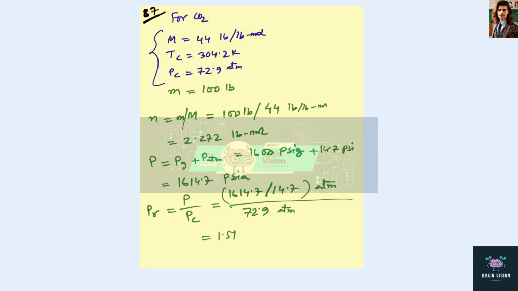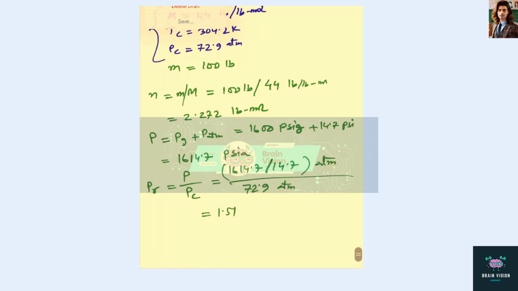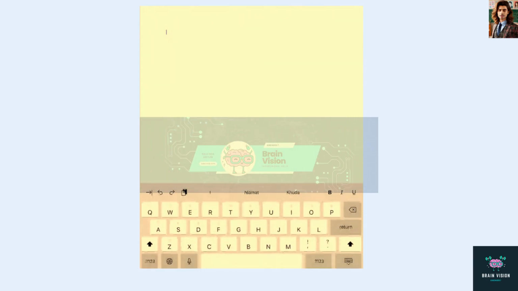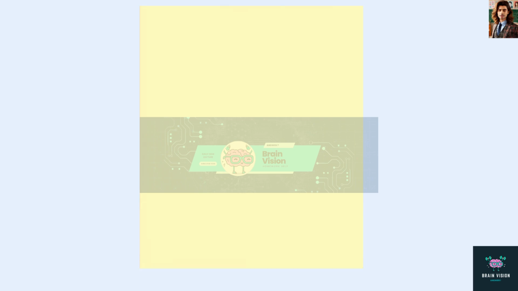Now we need to calculate, we know from the law of corresponding states that the reduced volume is equal to the molar volume multiplied by the critical pressure divided by R Tc, the reduced temperature.